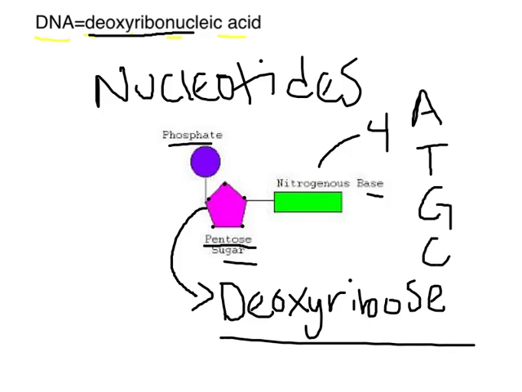Now notice I'm just writing down the letters for these bases, because that's all you're ever going to have to know. Adenine, thymine, guanine, cytosine are usually referred to as A, T, G, and C. So that's a nucleotide, and these nucleotides are going to get strung together to make the DNA molecule.